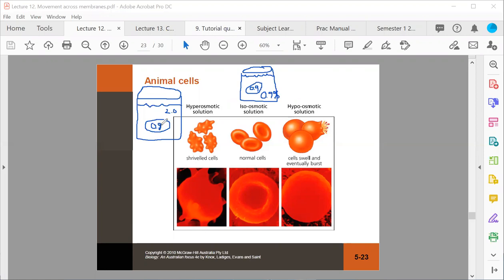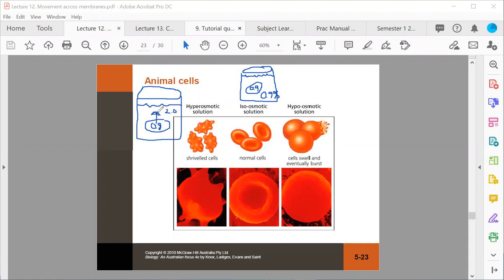Is it higher here inside the cell or is it higher in the solution? That's right. It's actually the water potential or the free energy of water is higher here because it's less concentrated inside the cell than it is in the solution. So the net movement of water will occur from inside the cell to the outside of the cell, that is into the solution.